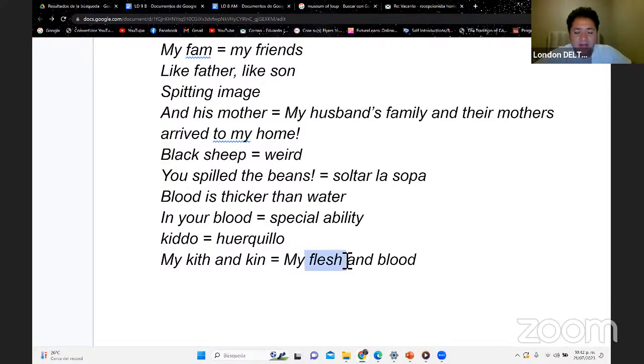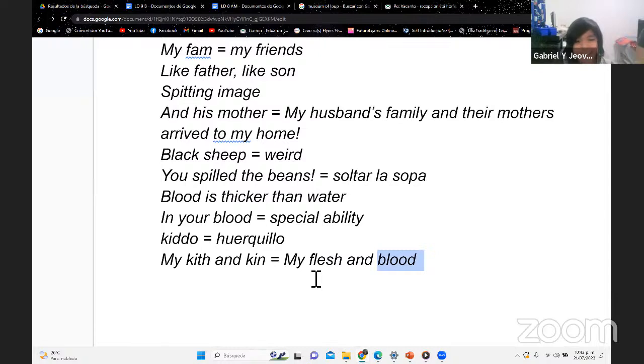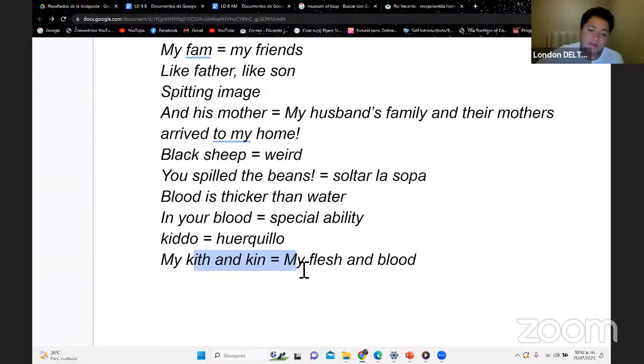Flesh es carne, blood, sangre. Mi carne y sangre. Exactly, you can say my kid and kin. So it means mi carne y sangre. Okay, you can use any of these to say that that person belongs to your family.